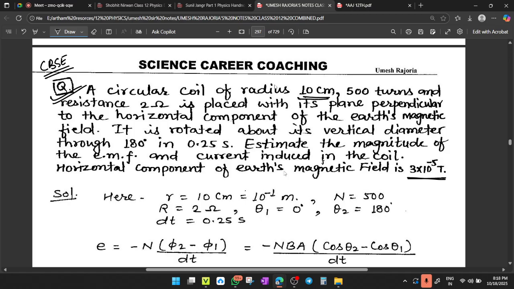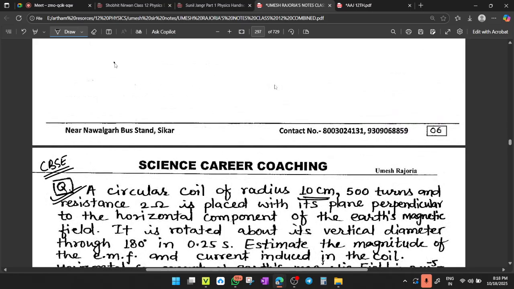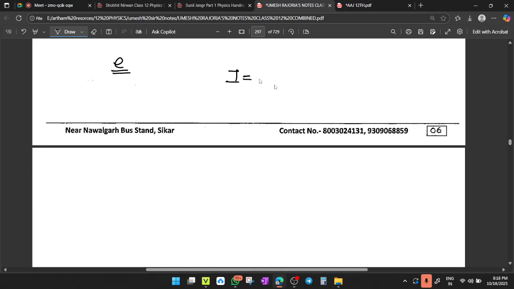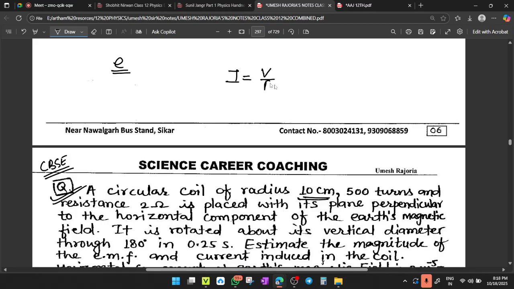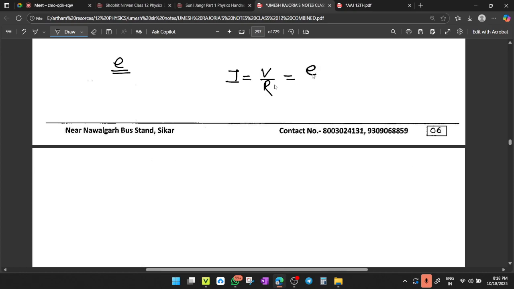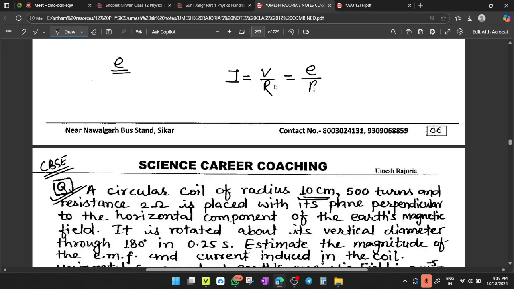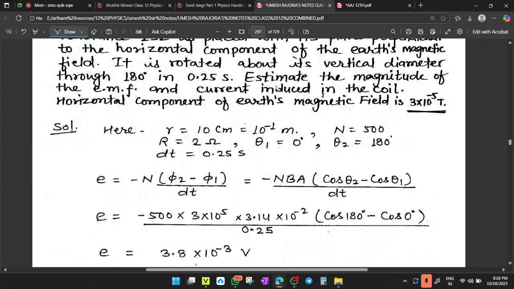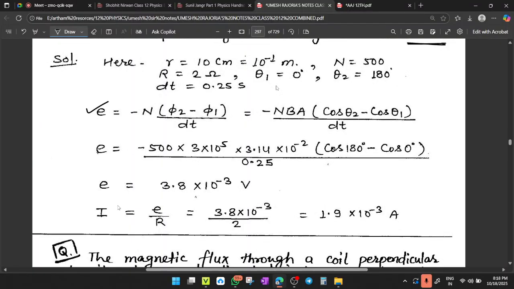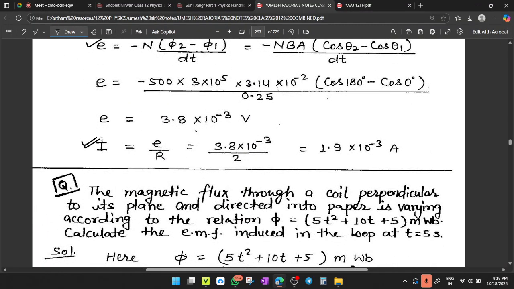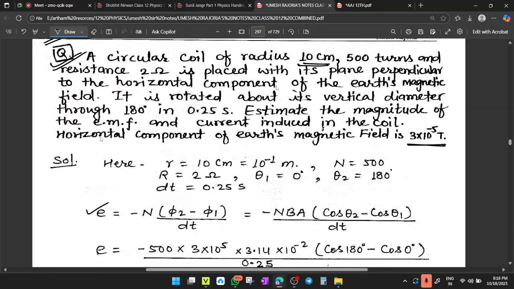Okay, what to find? You have to find the amount of current. So first you have to find the amount of EMF. Then the current I equals V by R by Ohm's law. So in place of V, we have E upon R. So first calculate E and then calculate current I equals E upon R. Let us solve this.